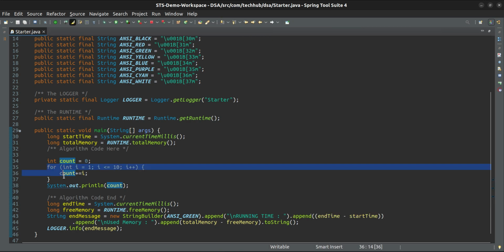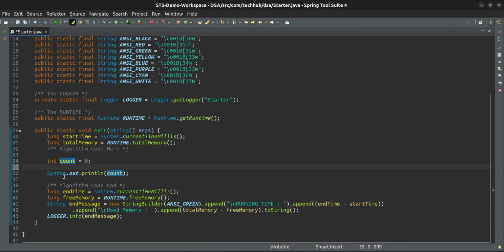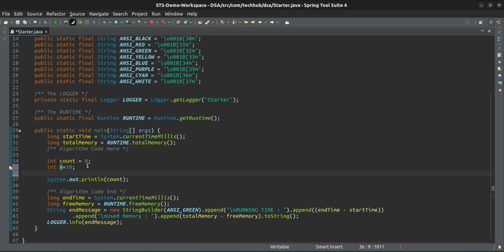But if I do another thing, I will use n. What is n here? 10, our number. The iteration count was nothing but the number. So how can I do that one? How can I do count is equal to n into n plus 1 divided by 2?